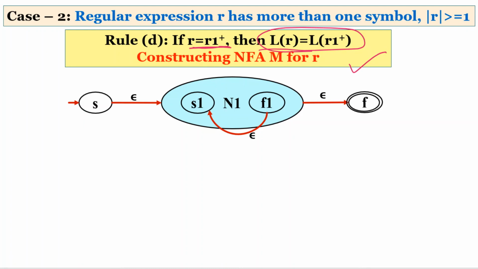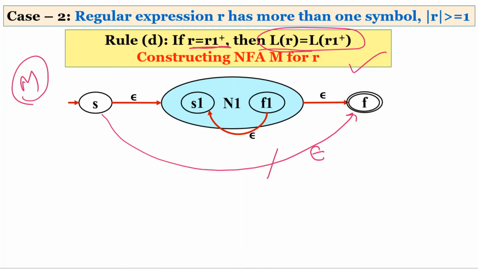For this we have the same machine M, just with this move removed. We don't require this move because we require at least one occurrence of the regular expression, meaning null is not acceptable. So R1 plus can be any number of occurrences of R1, but null is not acceptable, so this transition is not required.